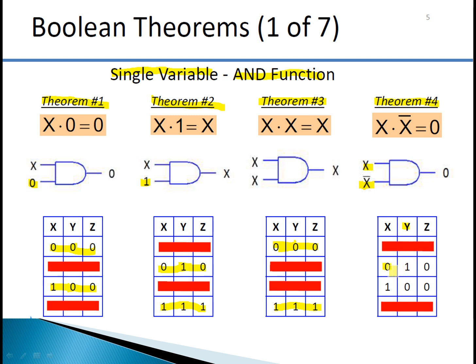So x bar is nothing but the complement of this, so that is 1. So 0 into 1 is 0. And next consider x value is 1. So x bar is nothing but 0. So that is 1 into 0 equal to 0. So now if we consider the output column z, in both the cases output is 0. Hence x dot x bar equal to 0.